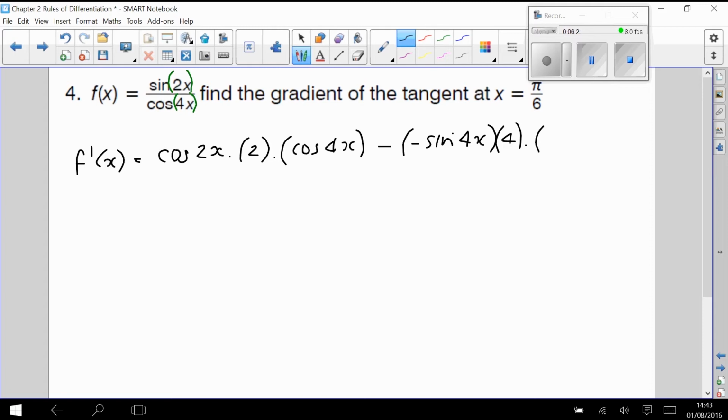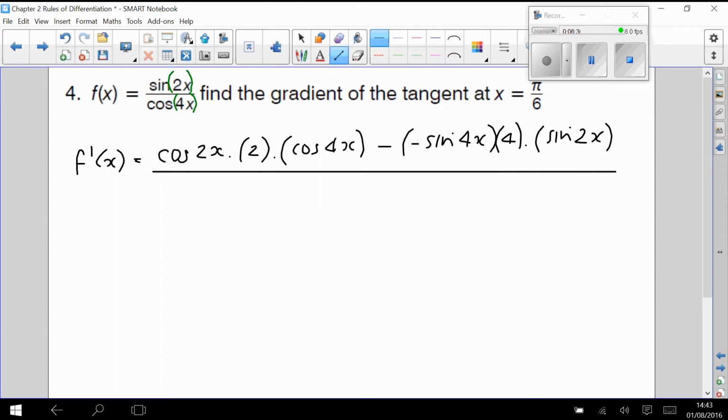And lastly, I must still times that by the function in the numerator, and that is sine 2x. To complete the quotient rule, I must write all of this over the function in the denominator, which was cos 4x all squared. So that's going to be over cos squared 4x.